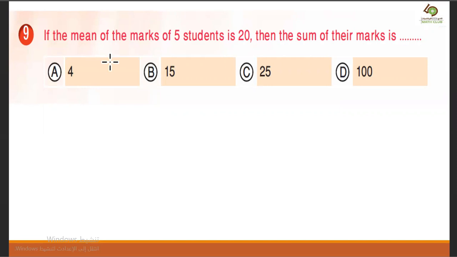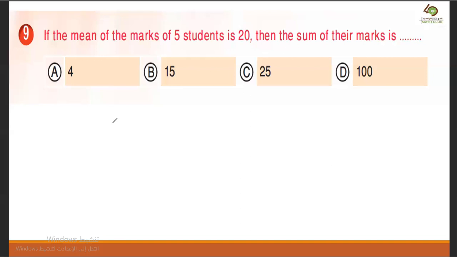Mean is average. How do you find the average? Yes, the average of all the numbers added together and divided by the number of original numbers. Yes, you are right, Malik. Perfect, great job, Malik.